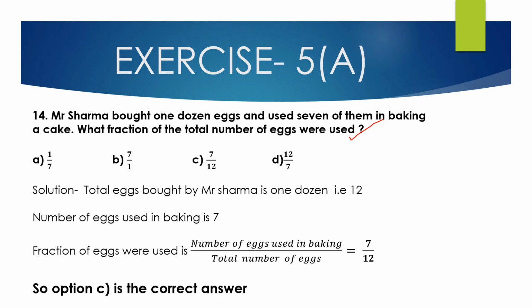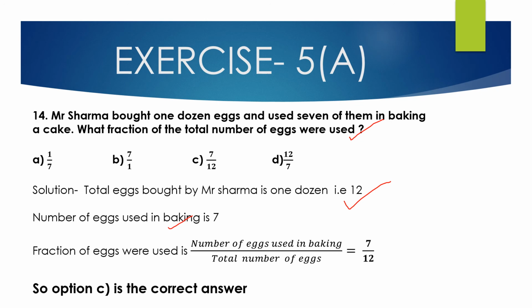Total number of eggs bought by Mr. Sharma is 1 dozen, that is 12 eggs, and the number of eggs used in baking is 7.